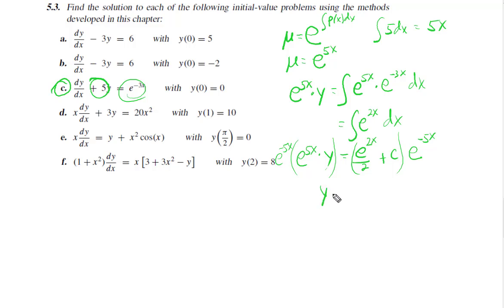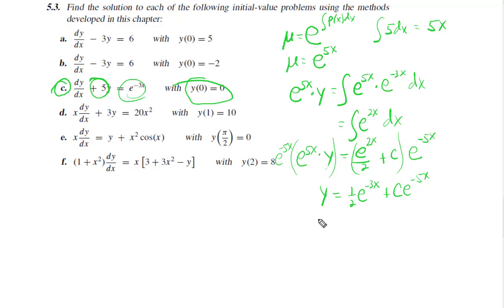So we end up with y equals, now this e to the 2x and e to the negative 5x would give an e to the negative 3x, and then that we would just write as c e to the negative 5x. Now our initial condition was that y of 0 equals 0.